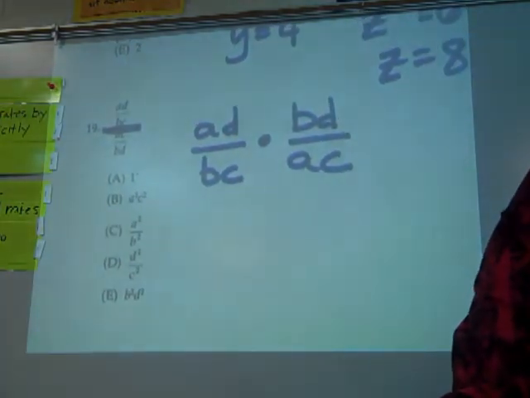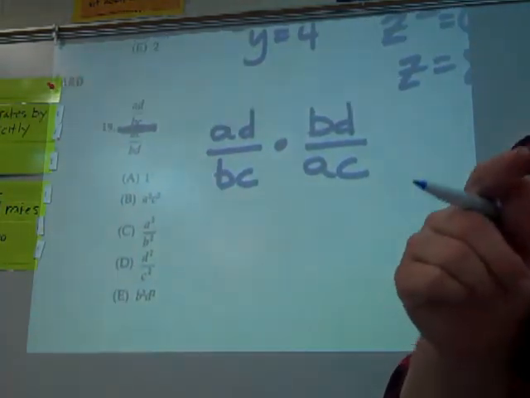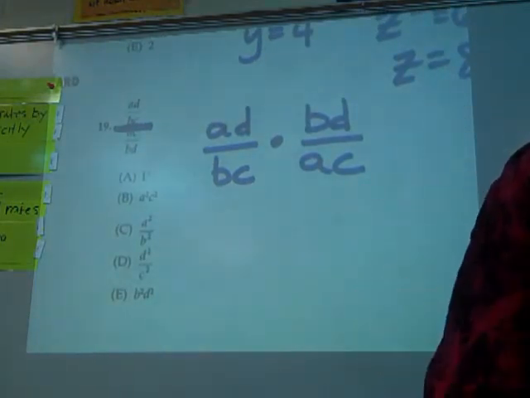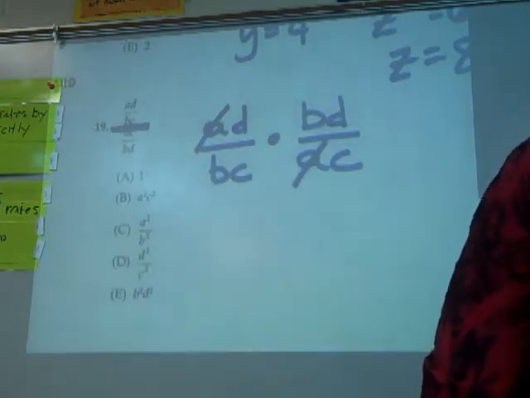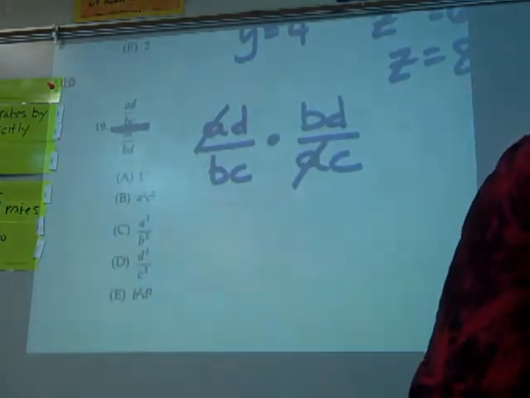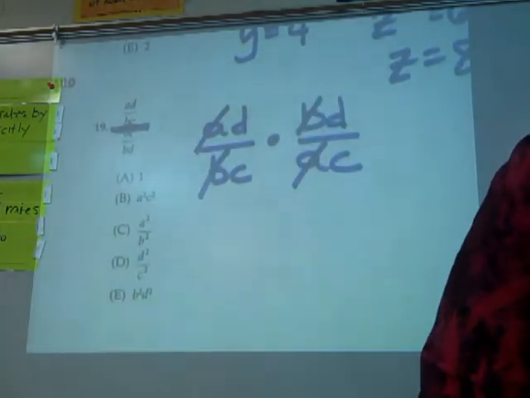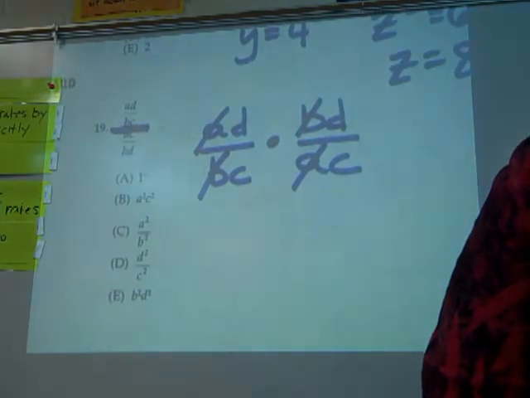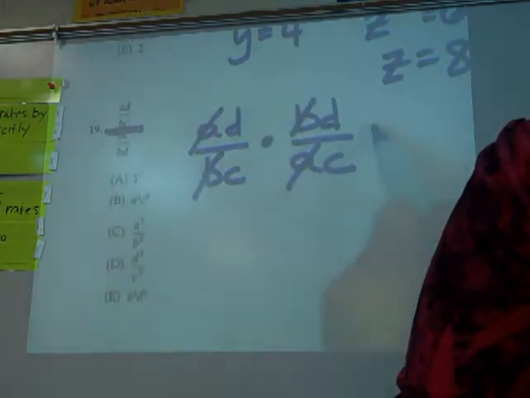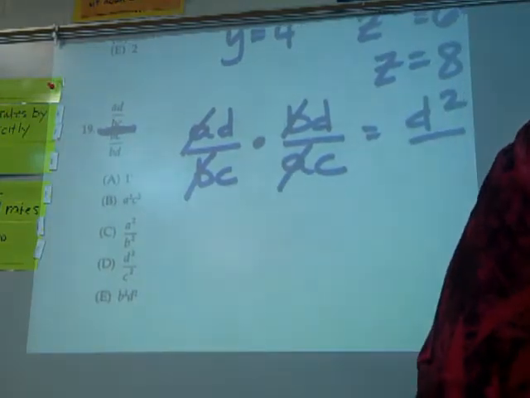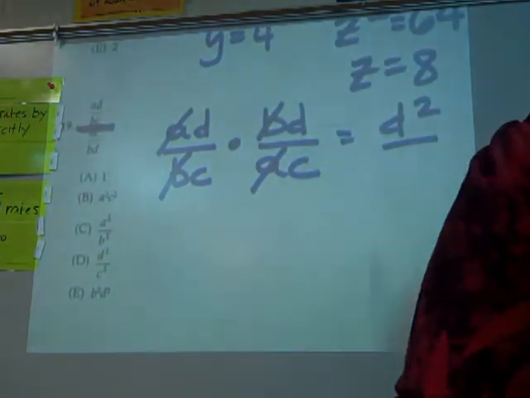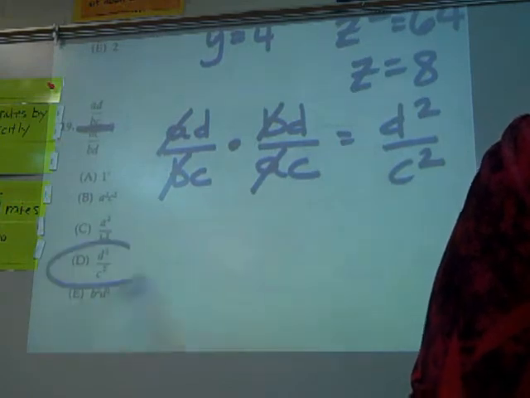You can cancel any factors that are common to top and bottom, and they don't have to be top and bottom in the same fraction. So for example, A and A can cancel out. B and B can cancel out. So on the top you end up with D times D, which is D squared. On the bottom you end up with C times C, which is C squared. So this is D.